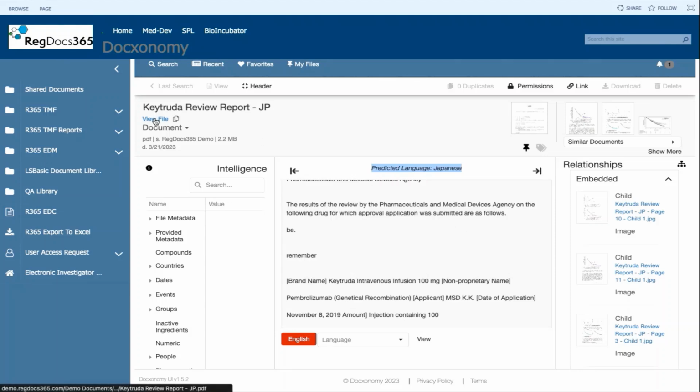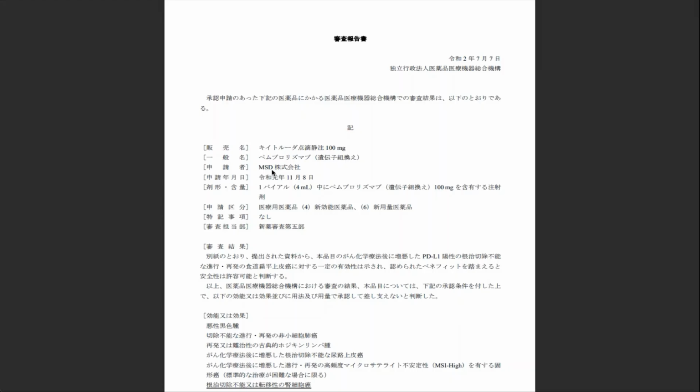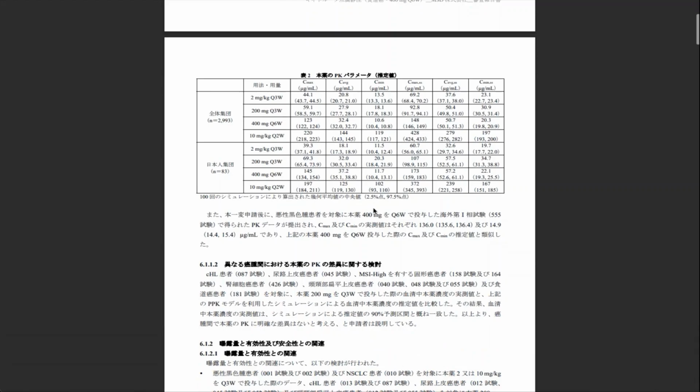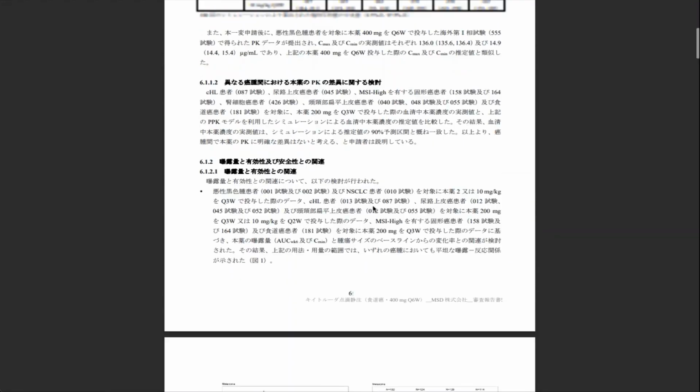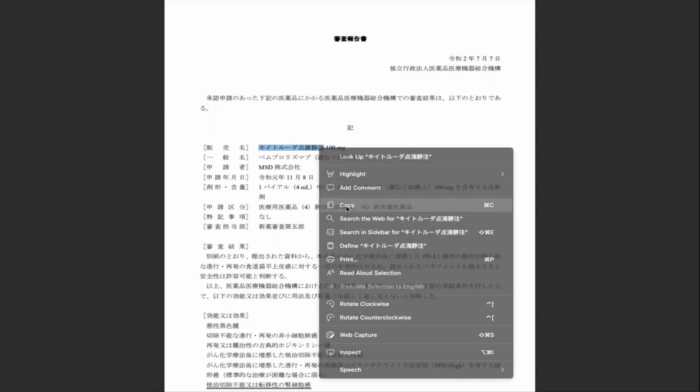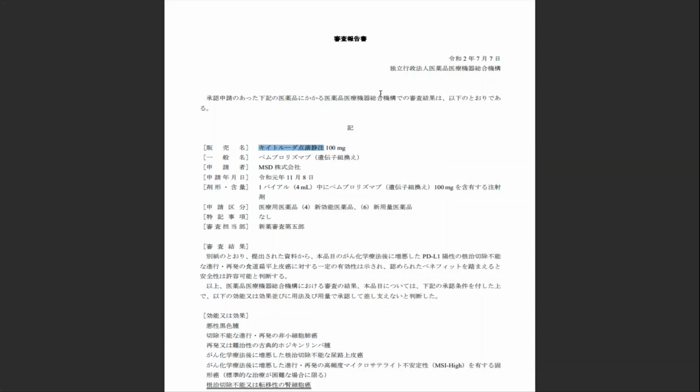And in fact, if we open up the document in RegDocs365, we'll see this is the actual document that was uploaded originally and processed by the system. So it's clearly in Japanese. This is the drug name. We'll copy that because we're going to use it a little later in our demo. So let's close this out.